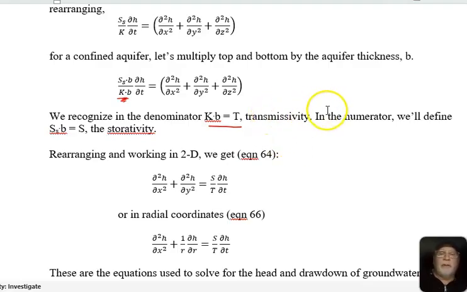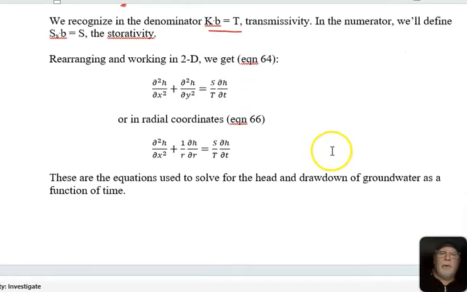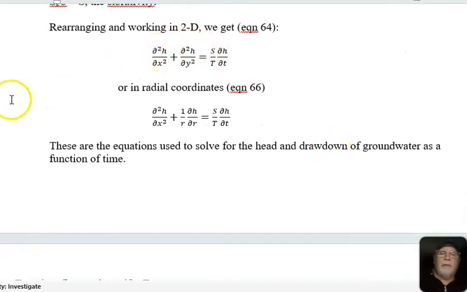Right now, just think of it as a property of the aquifer that tells us the change in water inside the box as a function of the change in head, or the change in head as a function of the water in the box. We're going to move this back to 2D, so we'll drop off our z term, and we rearrange, and we get that the second derivative in space equals S, the storativity, over T, the transmissivity, times the change in head with time.